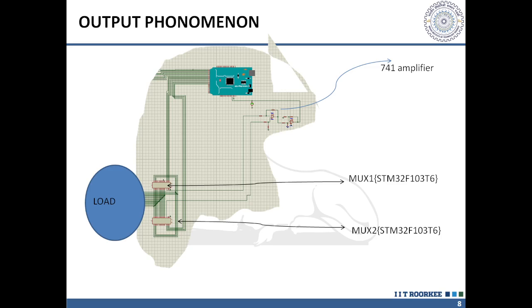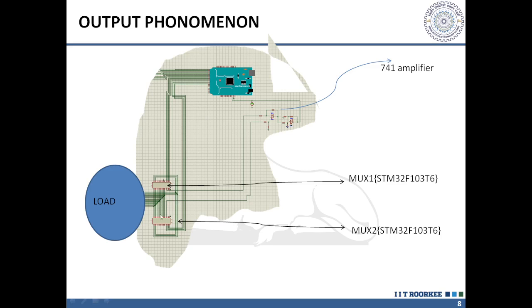One by one I will collect the difference voltage between two electrodes by giving commands from the Arduino to the mux, and the mux will decide which two electrodes' difference voltage I want to get from this load.